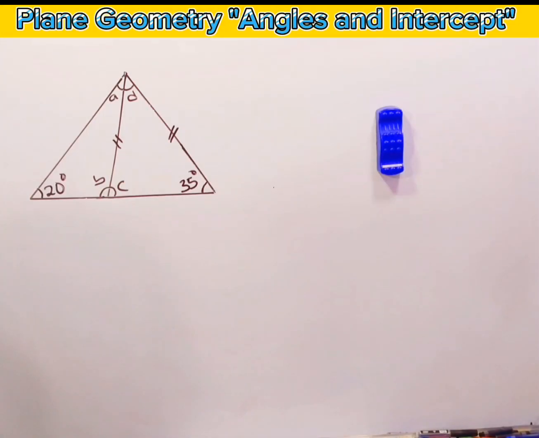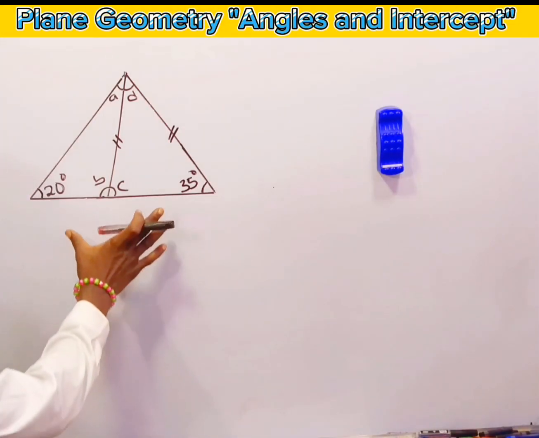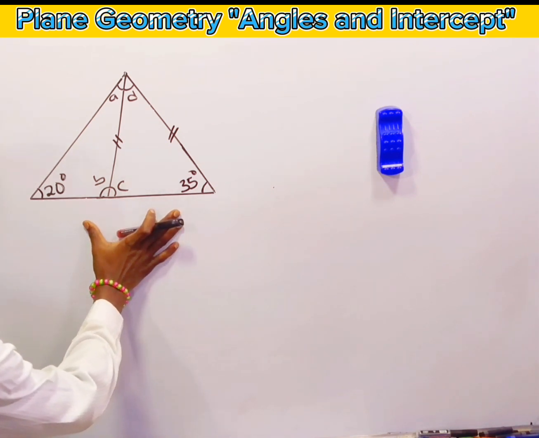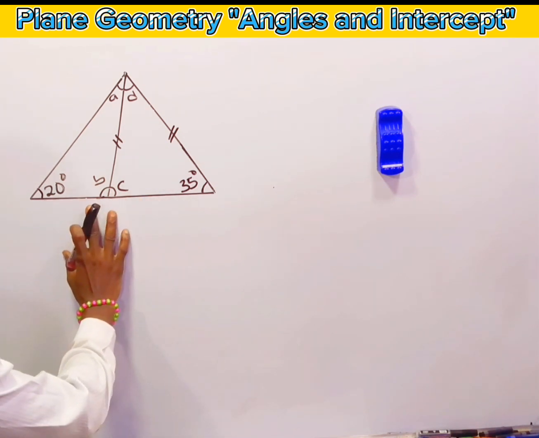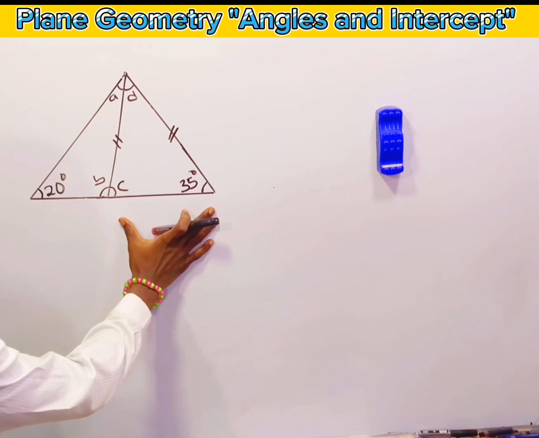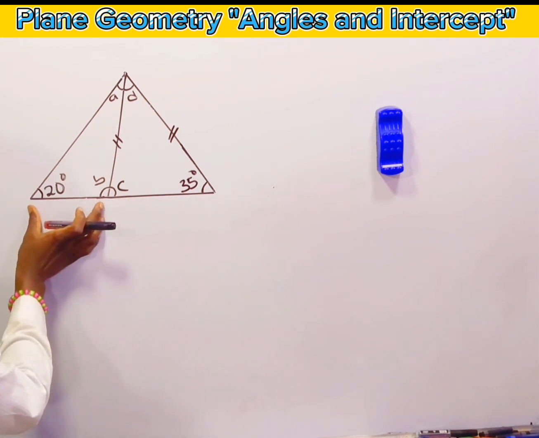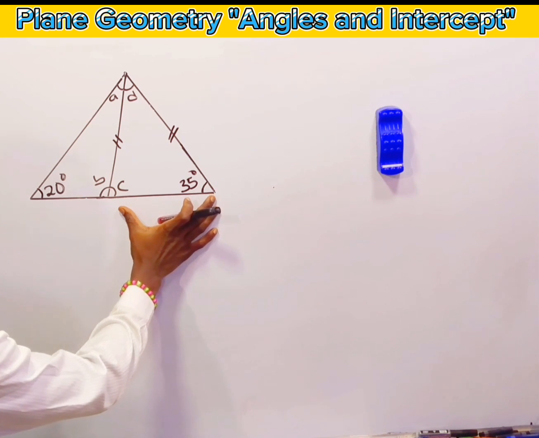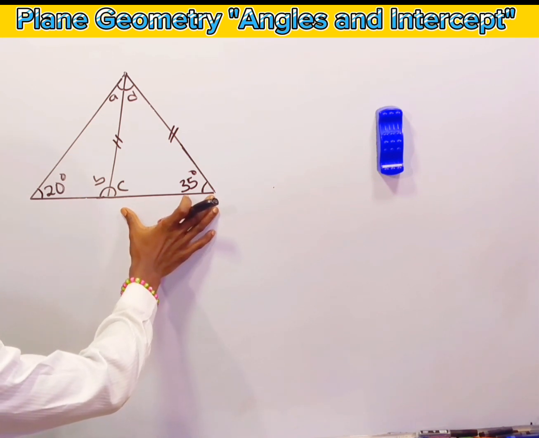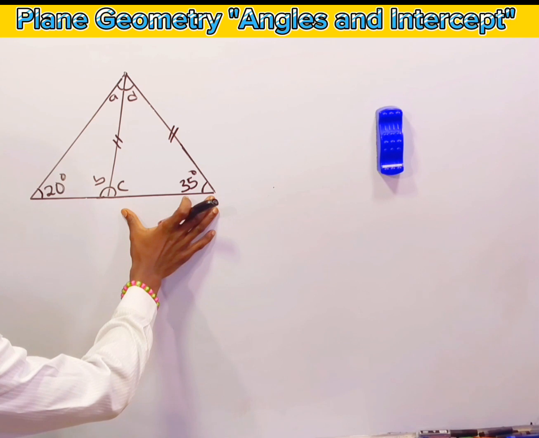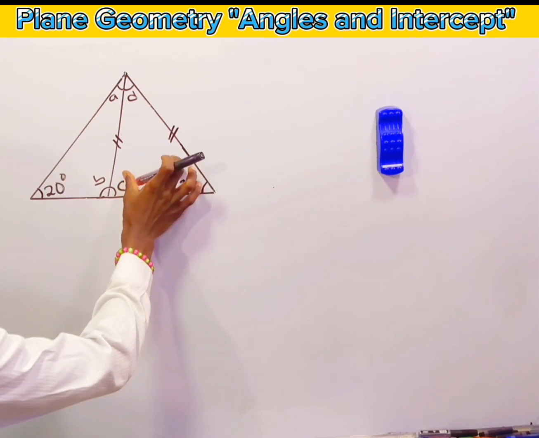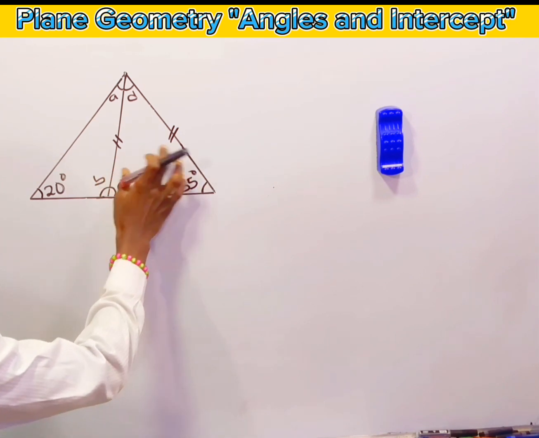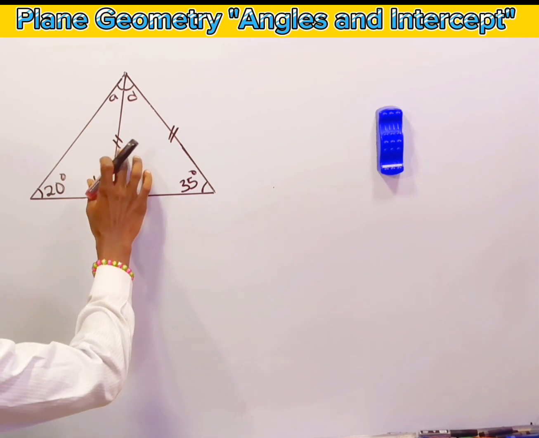To find the value of the lettered angles. Now, looking at this image, we have two triangles in one. This is one triangle, and this is another triangle. Now, this second triangle is an isosceles triangle by this mark.